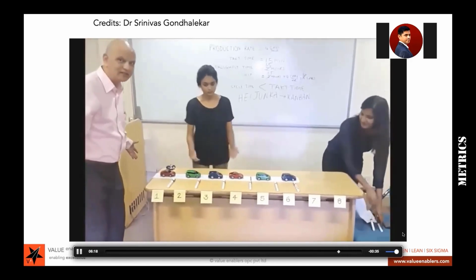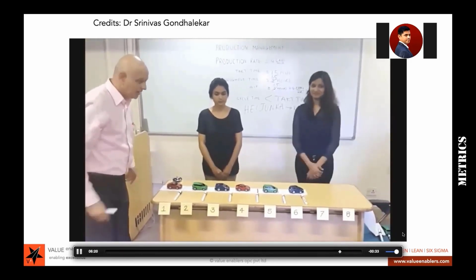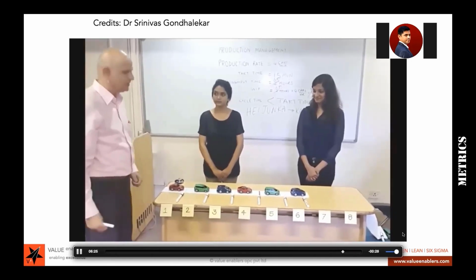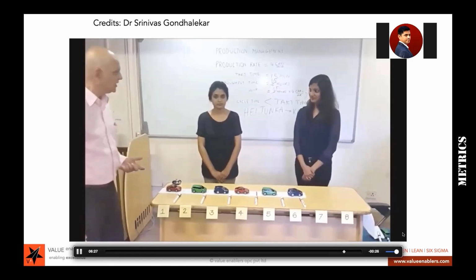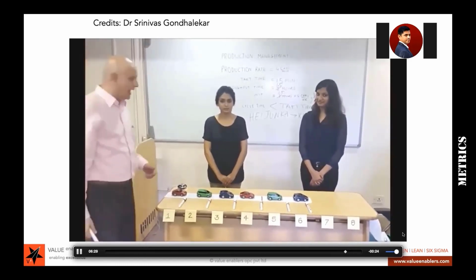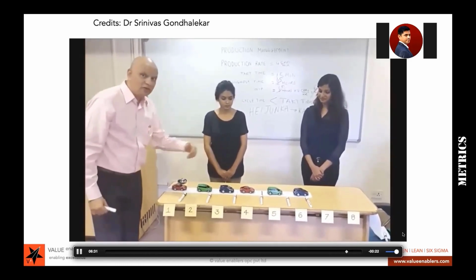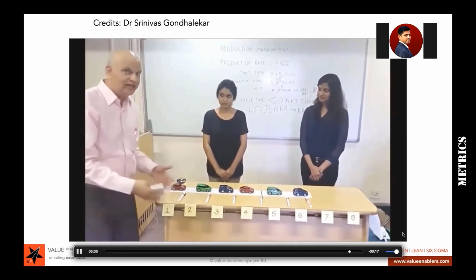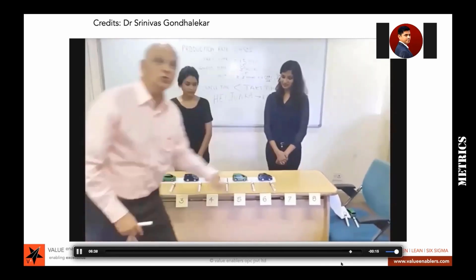Alright, we have shortened the conveyor in a sense. Okay, WIP down. What is the impact on cost? Reduces. Alright, which cost? Working capital reduces. Right, and your throughput time is down, so you are now in a position to produce faster in case you once again put the 2 back.